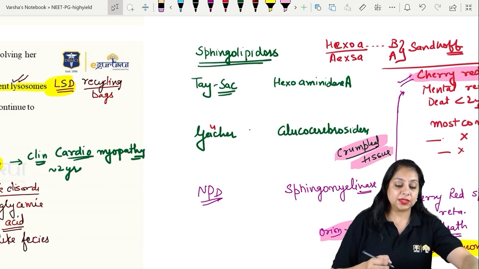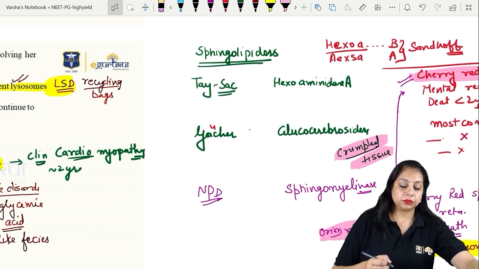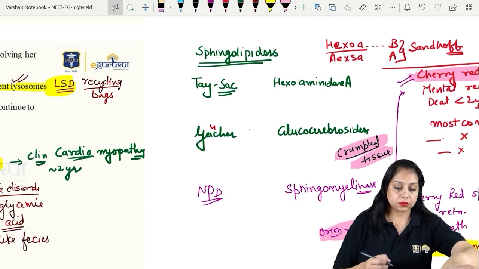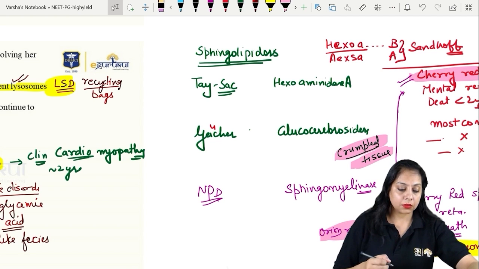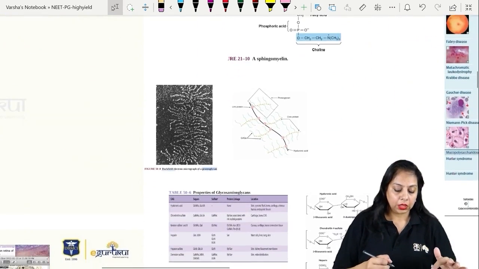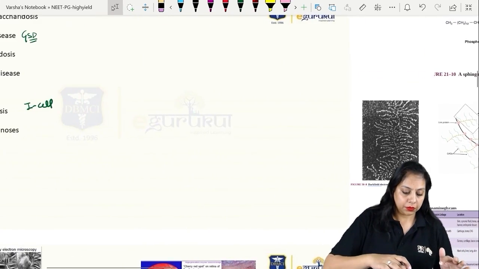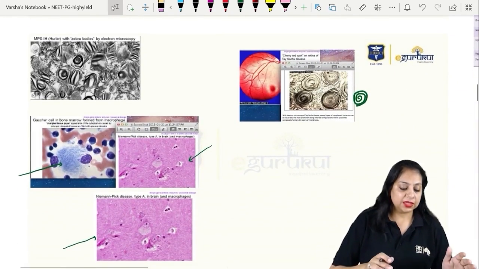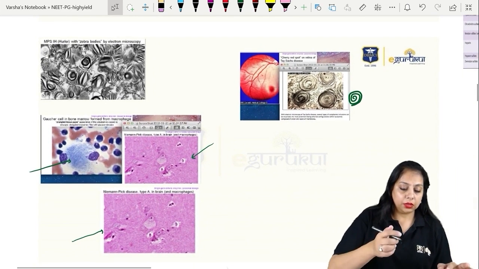And if you look at the cells, that's how they are going to look like.